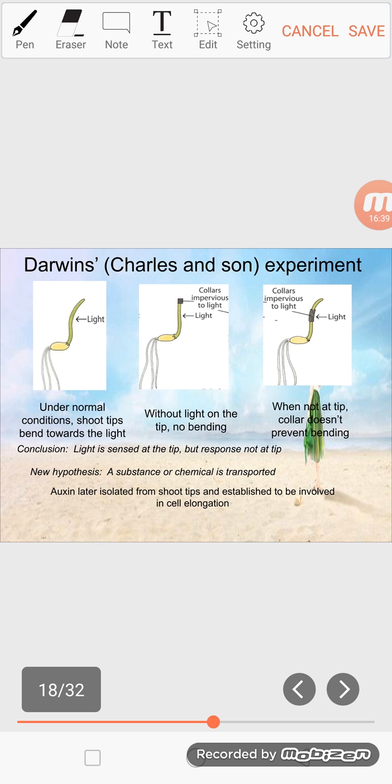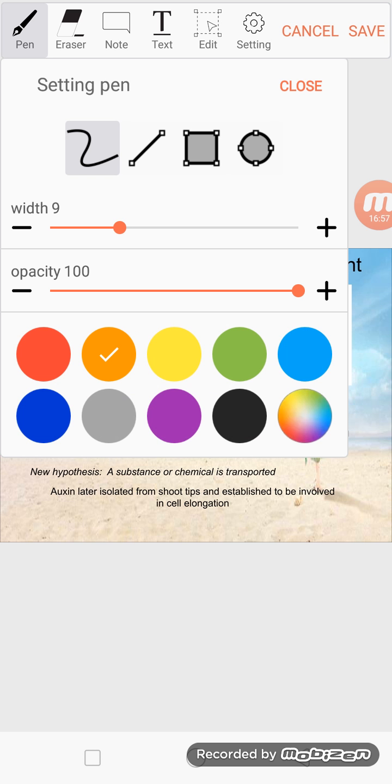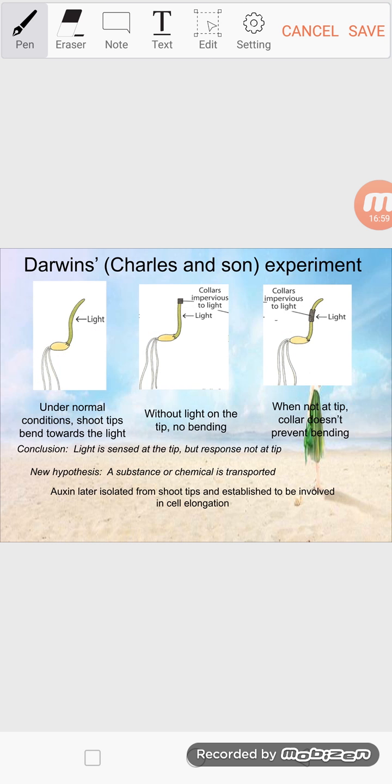Alright, so dia kata under normal condition, shoot tips bend towards the light. Okay, so biasa je kan, bila dia dah keluar, shoot dah keluar, dia akan pergi menuju light. So that is the phototropism. So tapi kalau tiba-tiba, cuba kalau kita tengok sini ni, dia kata bila dia potong shoot tu, then tak ada bending ke mana-mana.